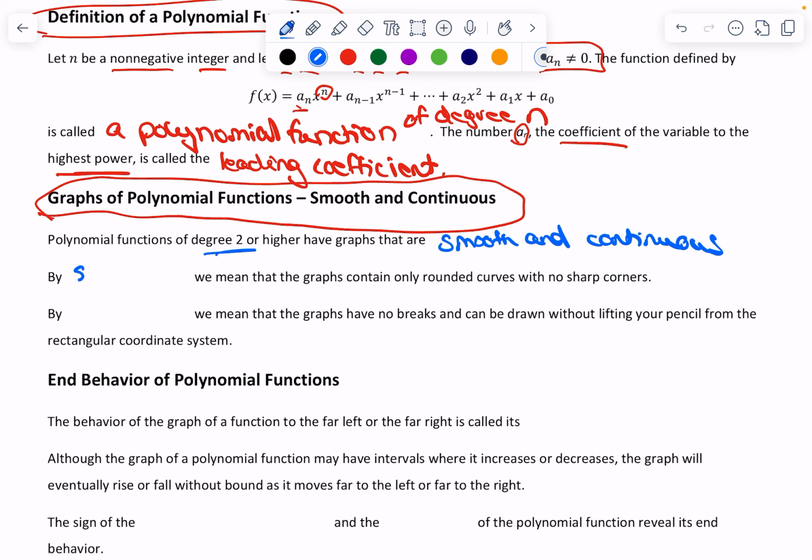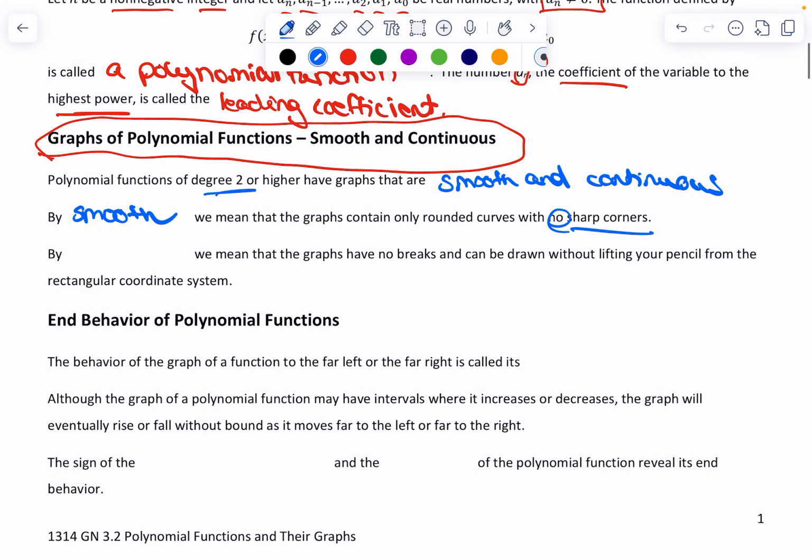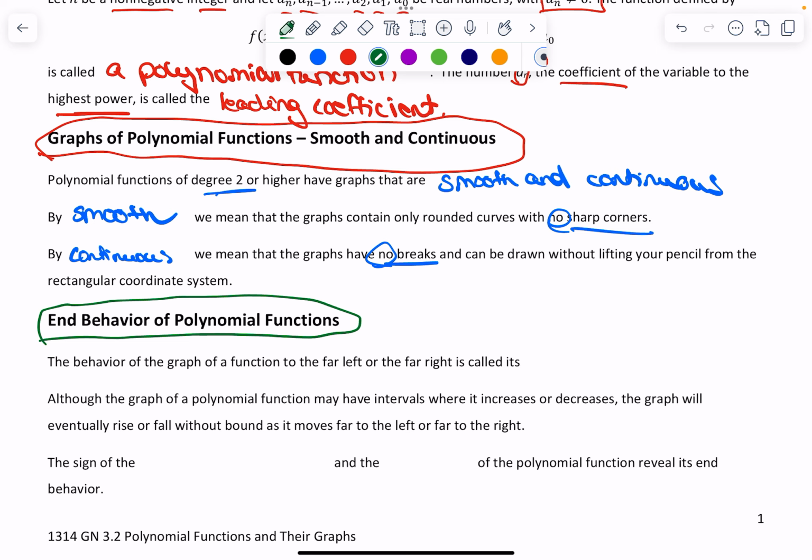So by smooth, we mean that the graphs contain only rounded curves with no sharp corners. And by continuous, we mean that the graphs have no breaks and can be drawn without lifting your pencil from the rectangular coordinate system.